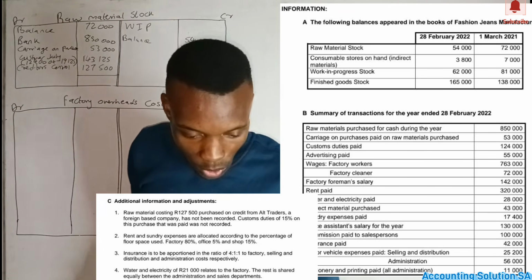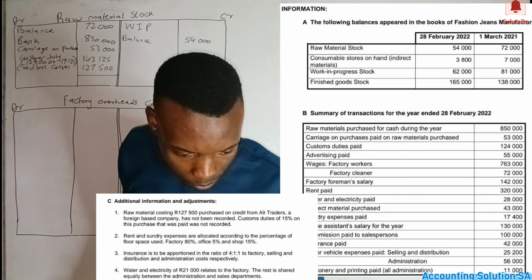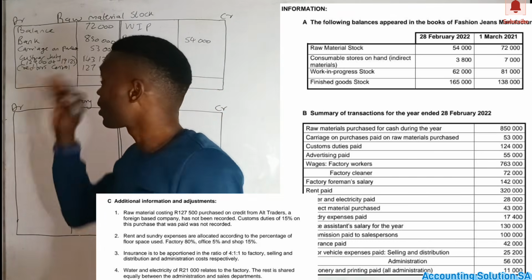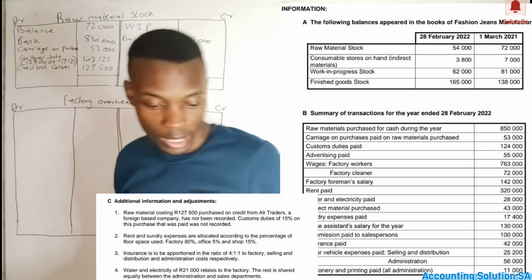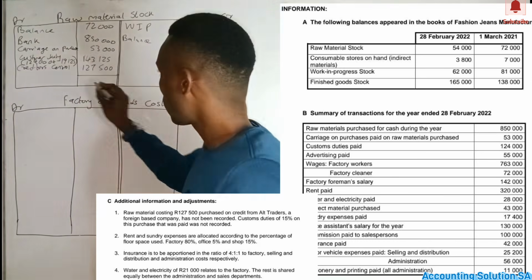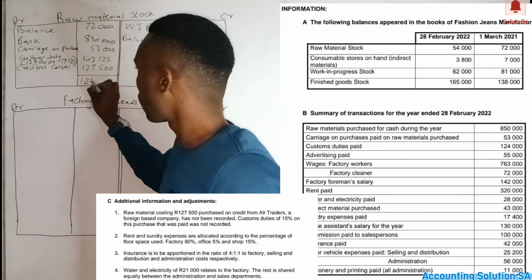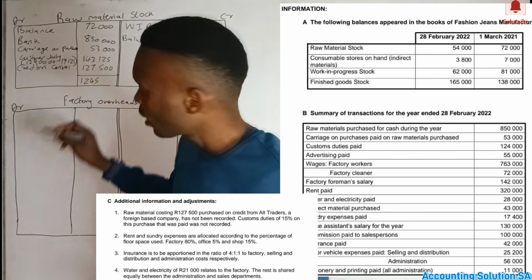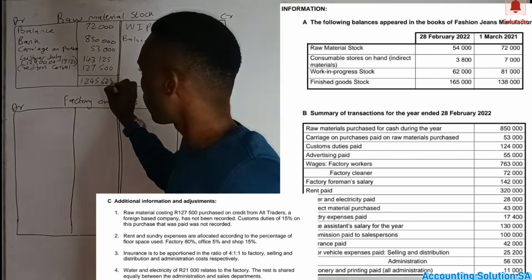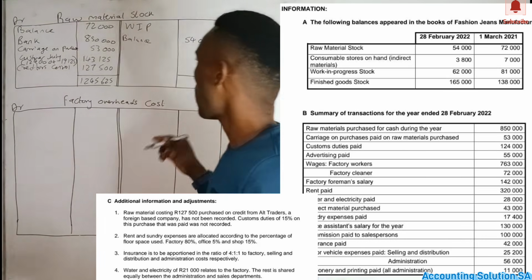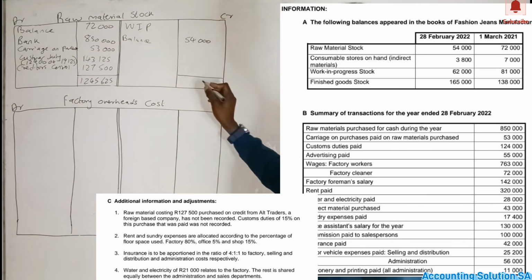If you add all this amount, because we no longer have any transaction that is affecting raw material, we're going to have 1,245,625. So this amount we also have to write on this side.